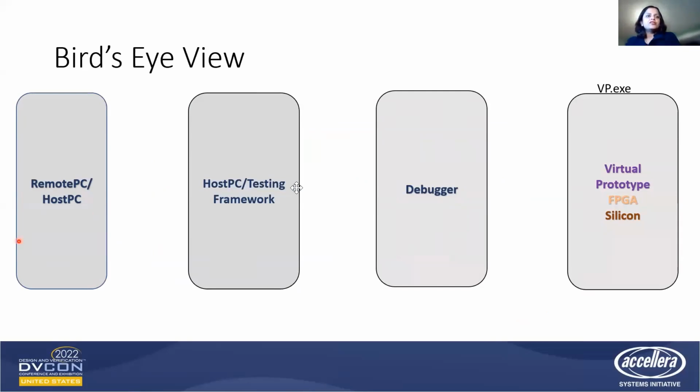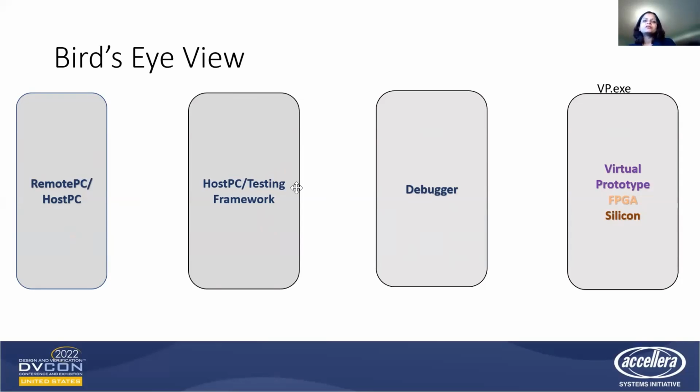If you notice this block here, it's labeled as remote PC. It is an external system which could be at a different location, but it is able to communicate with the host PC over the internet. This is the host PC which runs the software testing framework.